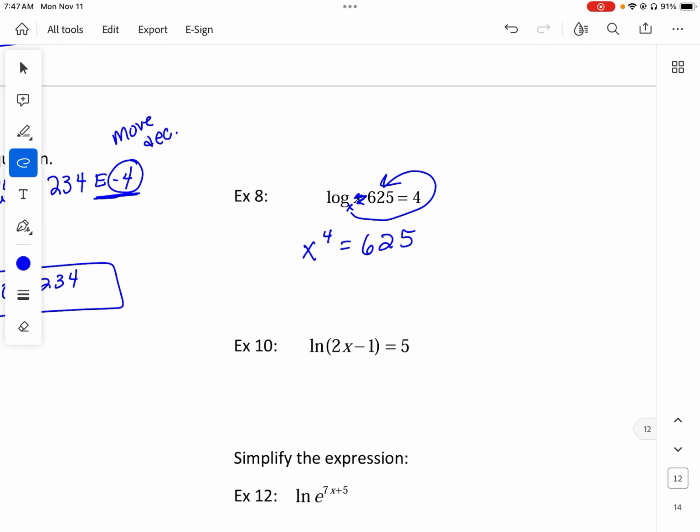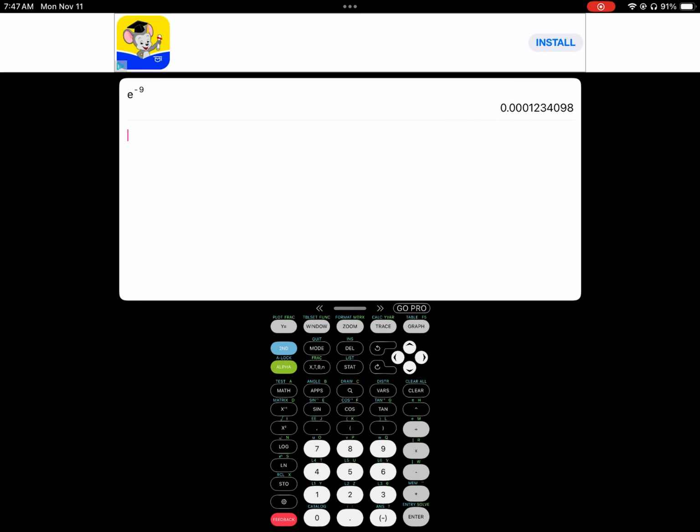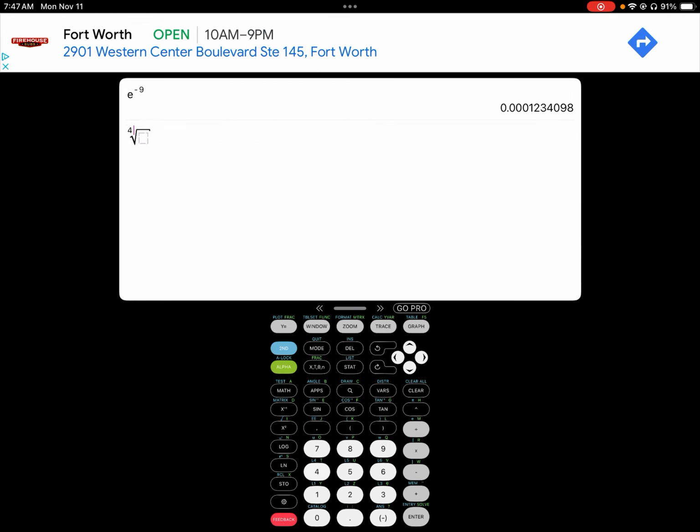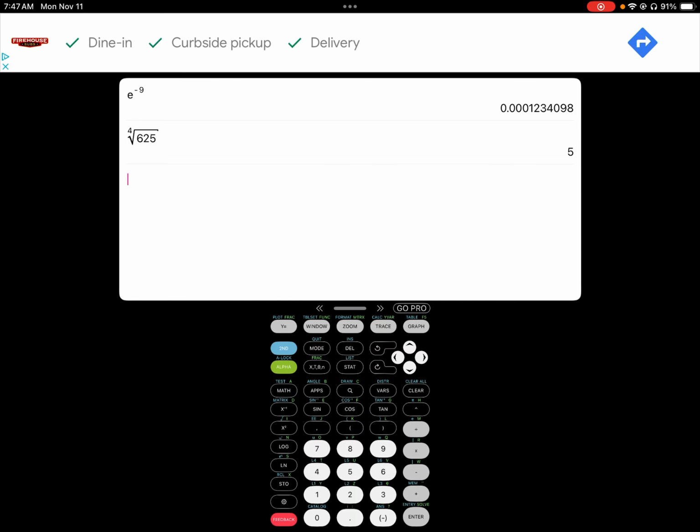What we could do is, this is the 4th power, so the inverse of the 4th power is taking the 4th root. We can put that in the calculator. We go to math, and we're going to pick number 5, root. So I'm going to put 4 and go 625. Okay, so it's 5.